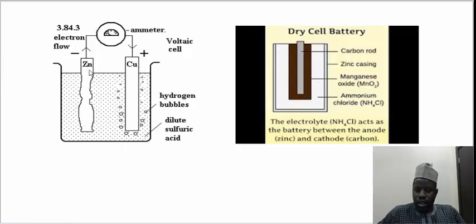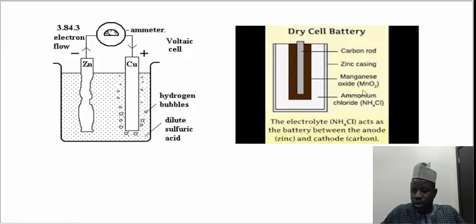If you have the zinc material here, the copper material here, and some acid here, such as dilute sulfuric acid as our electrolyte, then when you put a meter here, you can record current. This is with a liquid electrolyte, but in today's batteries we don't use a liquid.